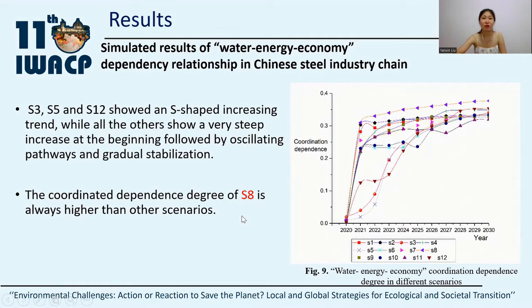About figure 9, we also predict the relationship among water, energy, and economy in these scenarios. And we found that S8, which is this orange line with purple symbol, the value of this line is always higher than the other lines. And it means that from the perspective of sustainability, scenario 8 is really good.